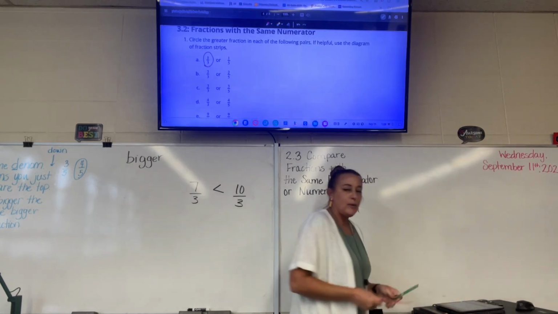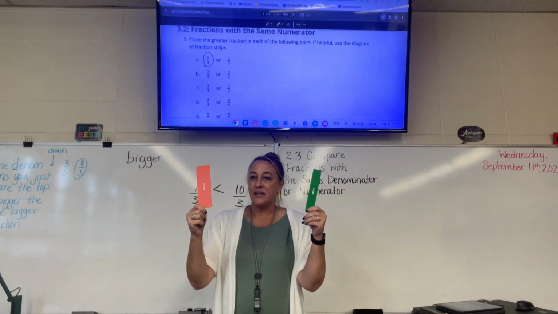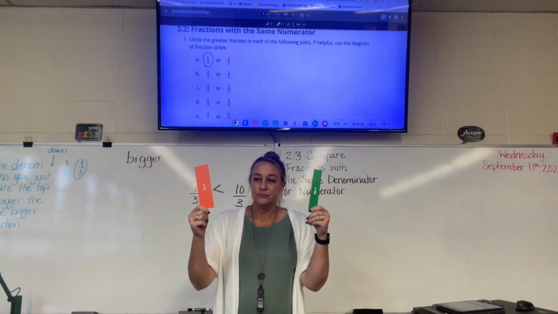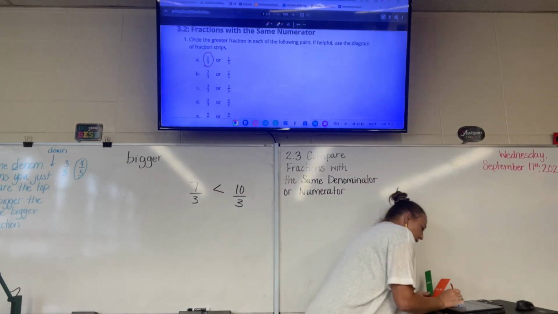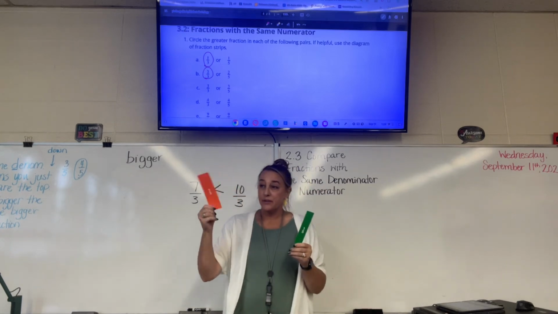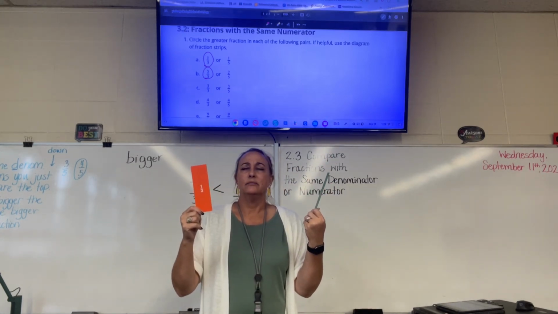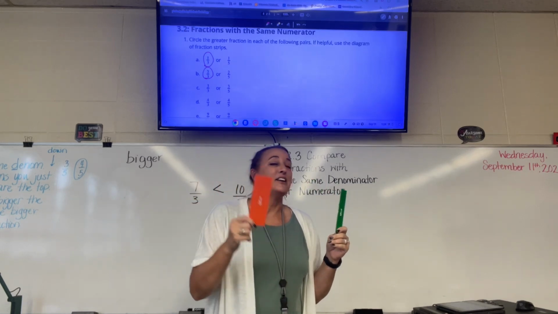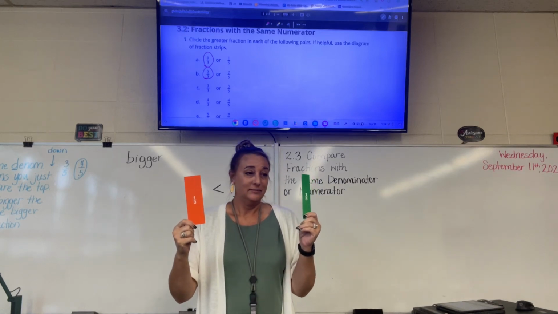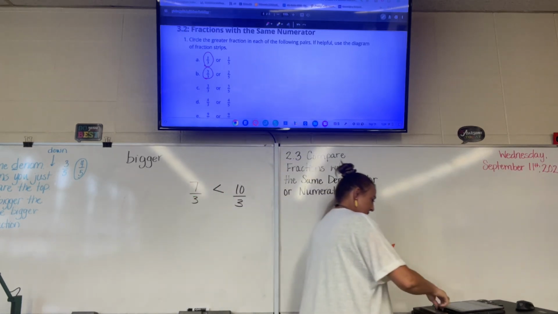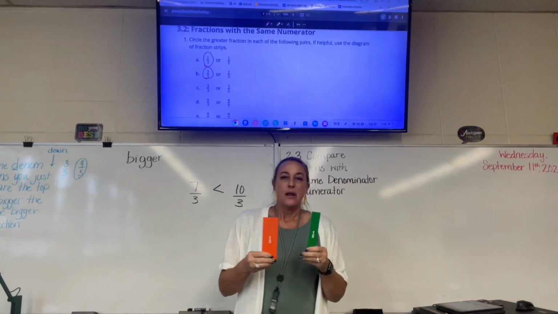Then, if you have 2 of these thirds and 2 of these fifths, which is bigger? Shout it out. 2/3. 2/3, right? Which is bigger? 3/3 or 3/5? 3/3. Let's try this again. Which is bigger? 3/3 or 3/5? 3/3.